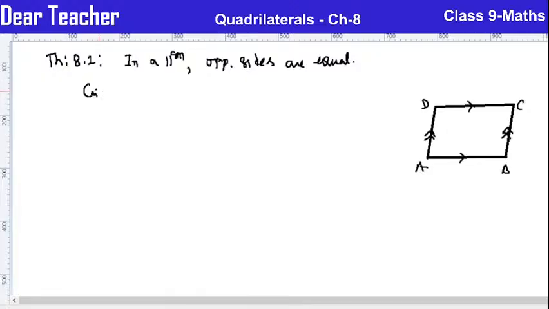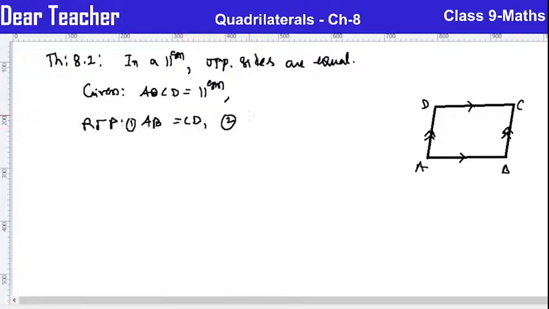First you should write the given, whatever you have drawn. ABCD is a parallelogram. And RTP, you have to prove that AB is equal to CD, opposite sides are equal, and the second one is BC is equal to AD. That means these two sides are equal and these two sides are equal. That is what we have to prove.